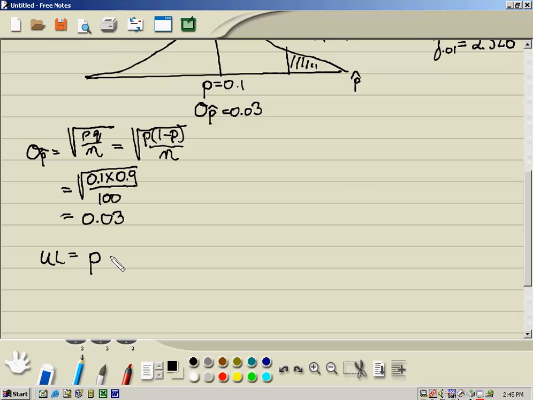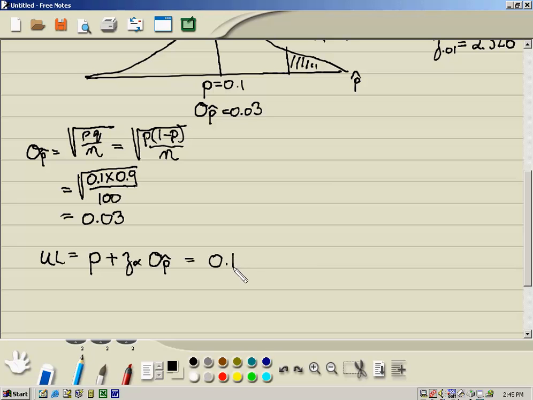It'll be the middle of the distribution, as we had for averages, plus the z-value with alpha in the tail, times the standard deviation, sigma sub p hat.